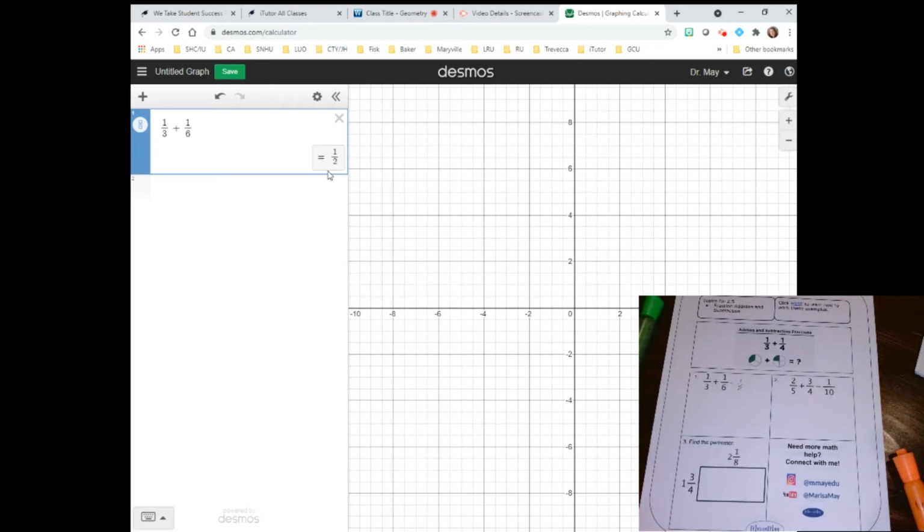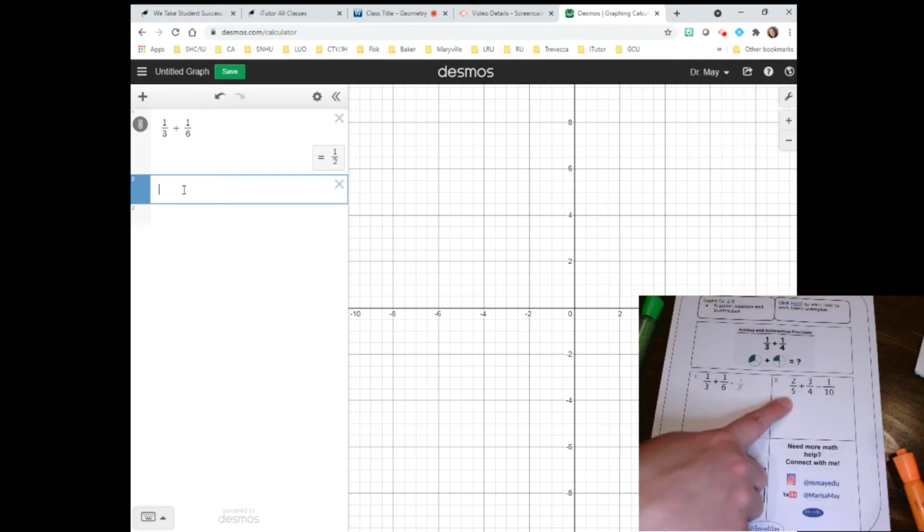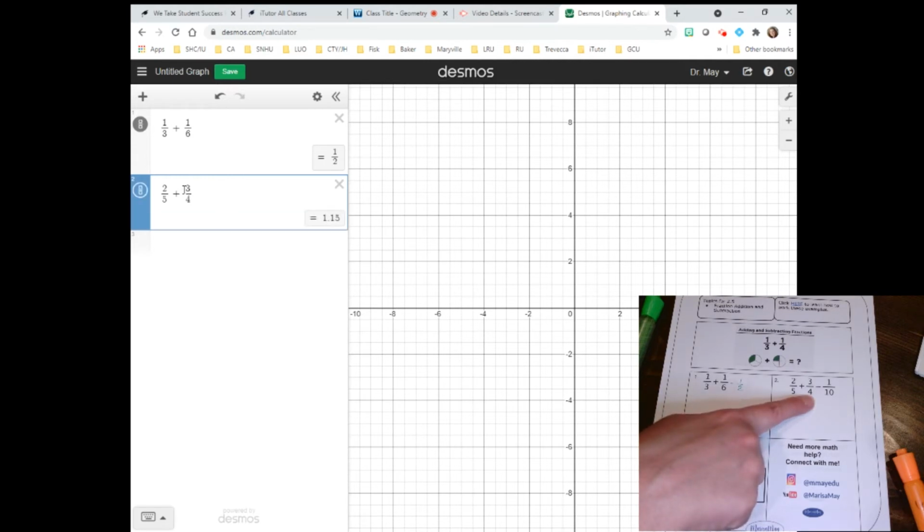Now let's go ahead and press enter here so we can do a second problem. And I'm going to type this problem in. 2 divided by 5, right arrow to get out of the denominator, plus 3 divided by 4, right arrow again to get out of the denominator, minus 1 divided by 10. And then again, notice Desmos is giving me a decimal, but I don't want that. I want a fraction.